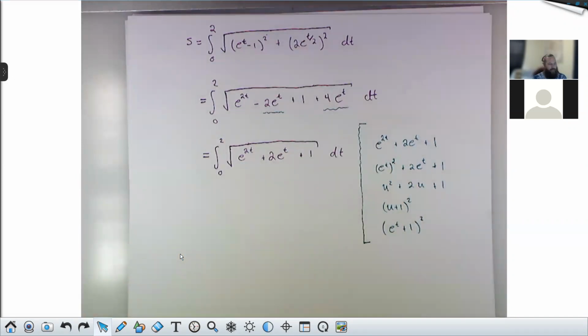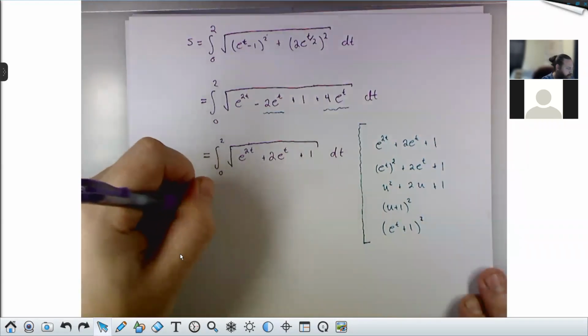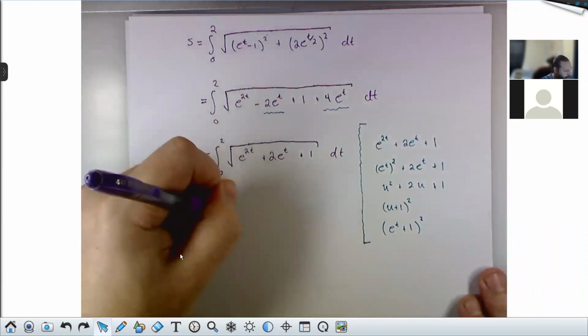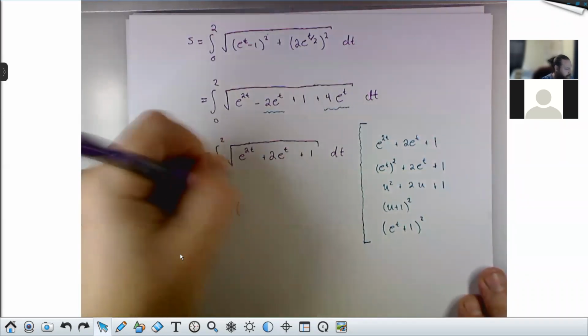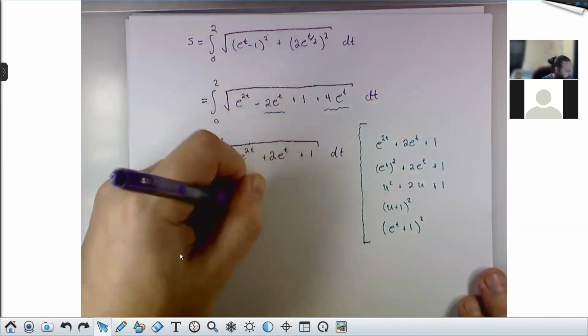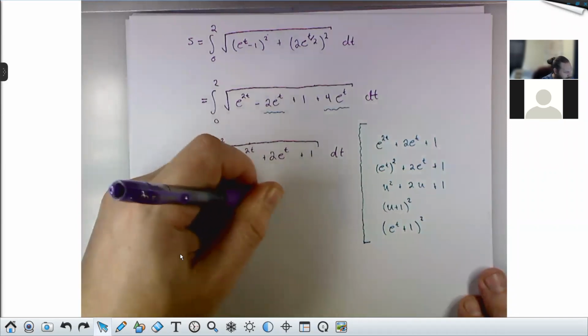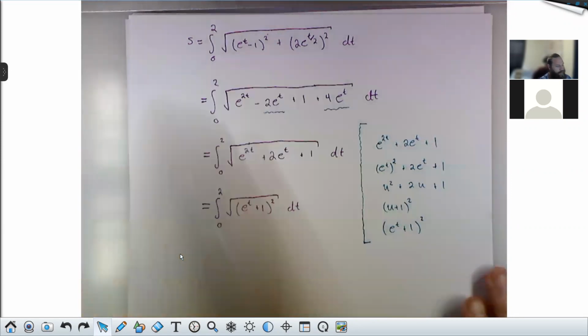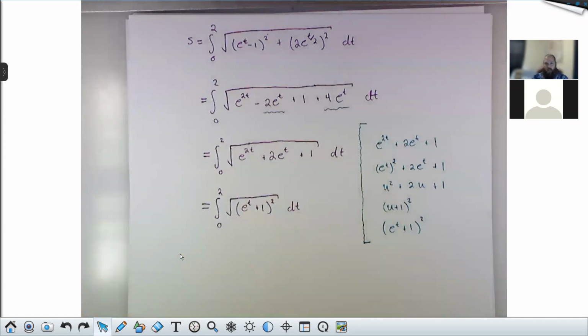So the thing under the square root factors nicely, which means my integral becomes the integral from 0 to 2 of the square root of e to the t plus 1 all squared dt. And the reason why this is nice, of course, is that the square root is going to go away.